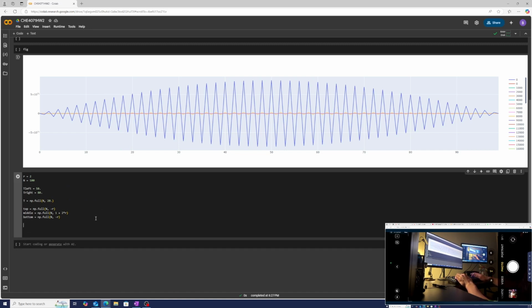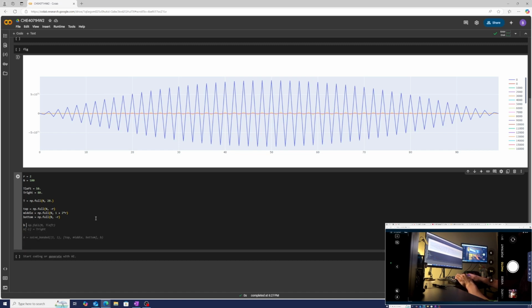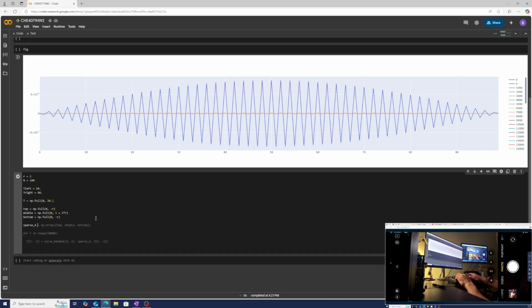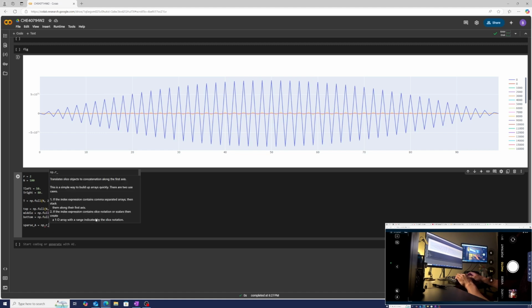So now we can throw all these together. We will call this B for now. Our B, wait no, this is going to be our sparse matrix. So we'll just call this sparse A. This is going to be np.r_. Then we want our top, then our middle, and lastly our bottom.